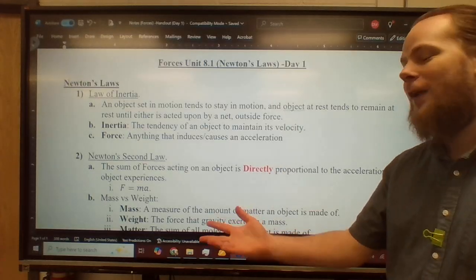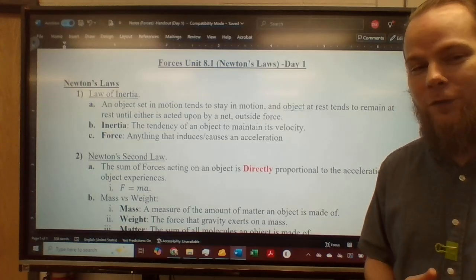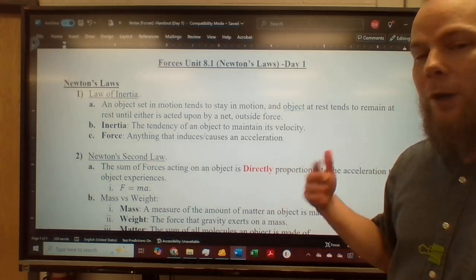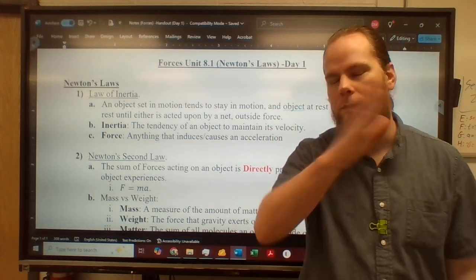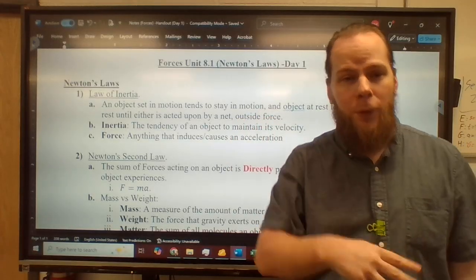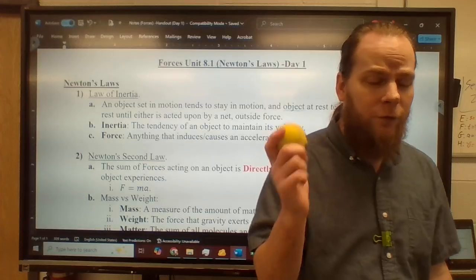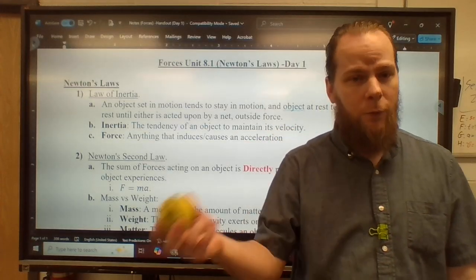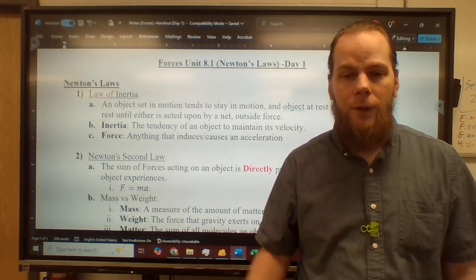The sum of forces acting on an object is directly proportional to the acceleration the object experiences, where m is the mass of the object. So the heavier something, well, I'm not going to talk about mass yet. The harder you push, the faster the ball is going to speed up. The harder you throw the ball, the faster it's going to go. That's what we're saying. The larger F is, the greater a is.